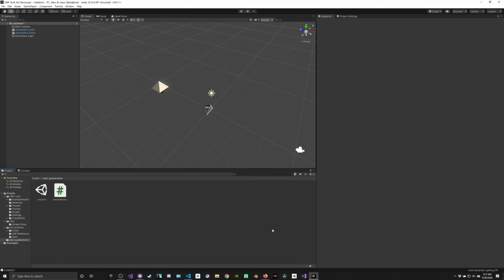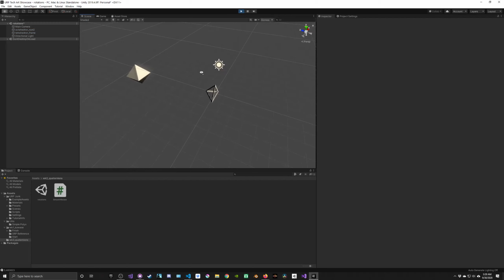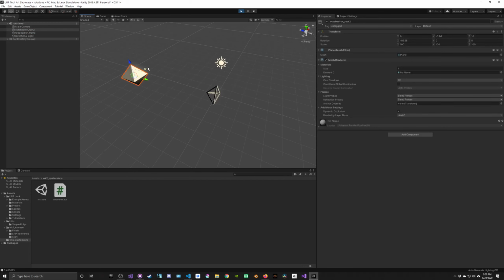So our goal today is basically to make this. This is just smoothed rotation in 3 dimensions. So you can see our little, what would that be? Tetrahedron.